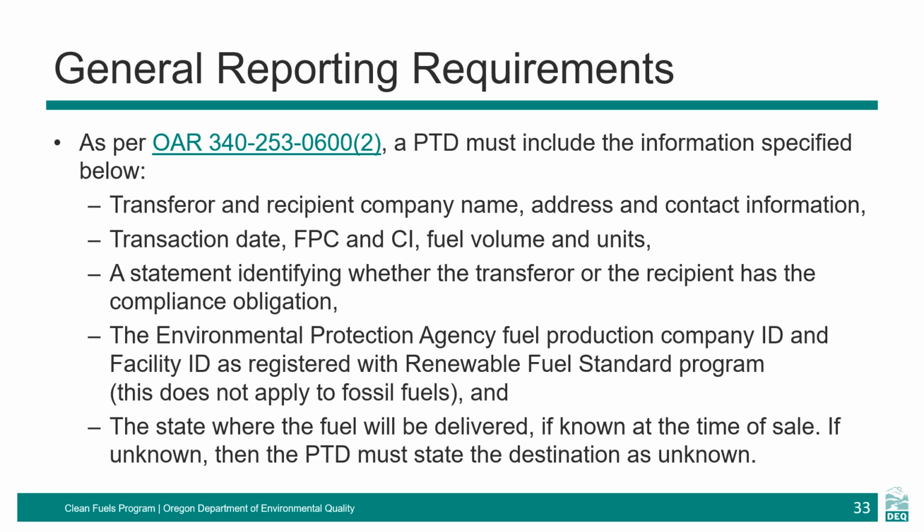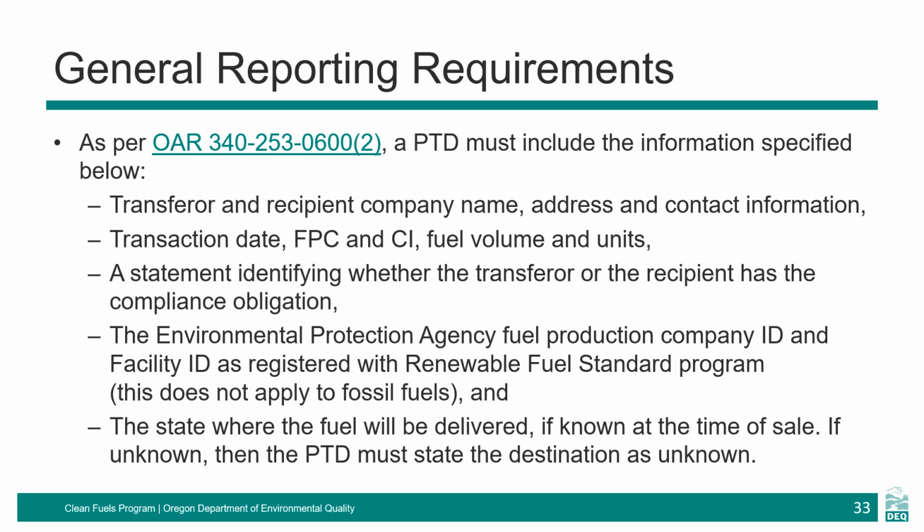As mentioned earlier, a PTD must include several critical pieces of information to ensure accurate reporting. These include the names and addresses of the seller and buyer, the transaction date, the fuel pathway code, the fuel volume, and a statement indicating whether the compliance obligation has passed to the buyer.